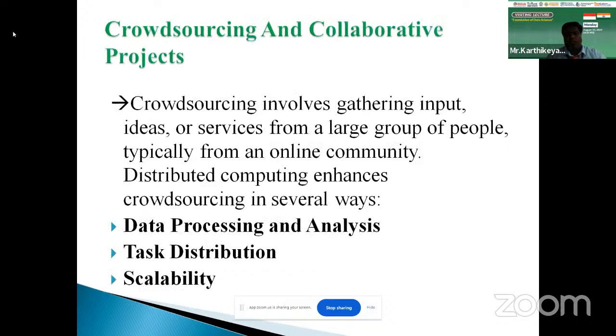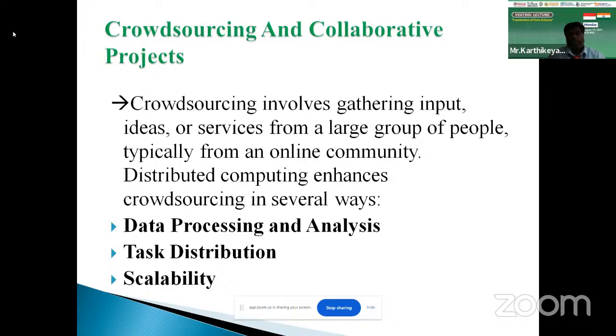Here is how crowdsourcing follows distributed computing. The first is data processing and analysis. Crowdsourcing platforms can use distributed computing to aggregate and analyze data collected from a large number of contributors.